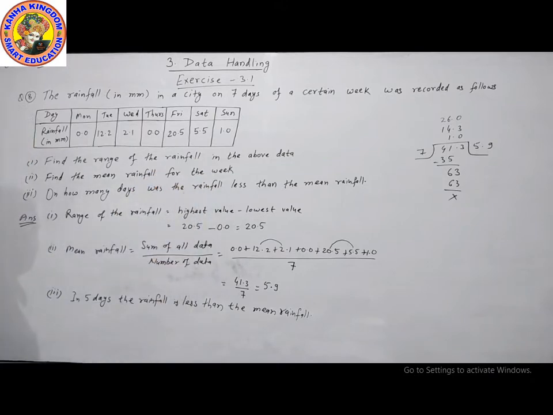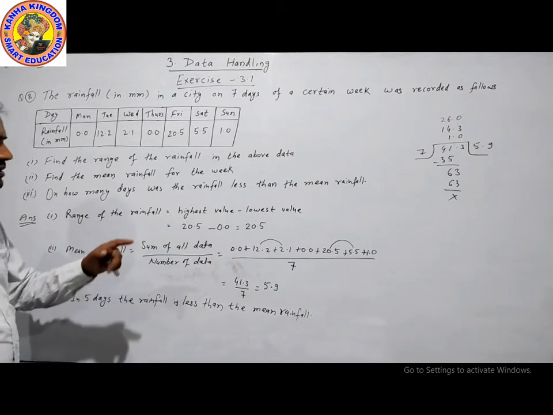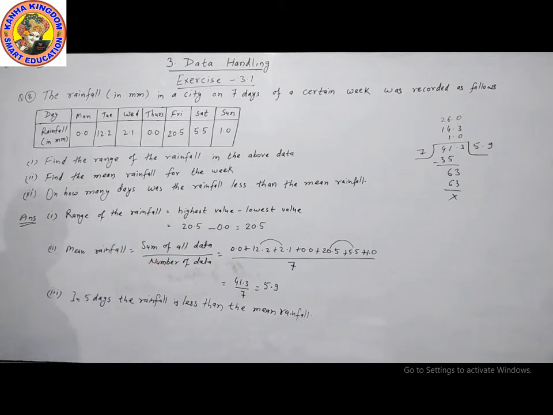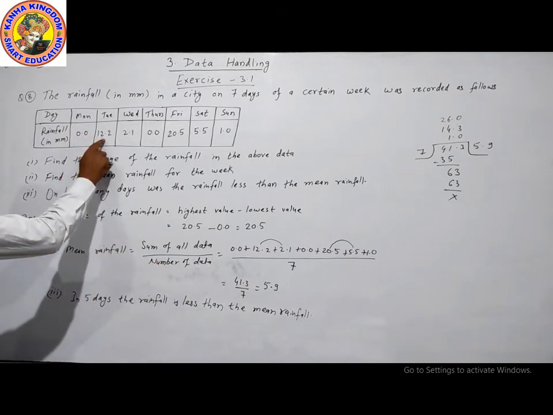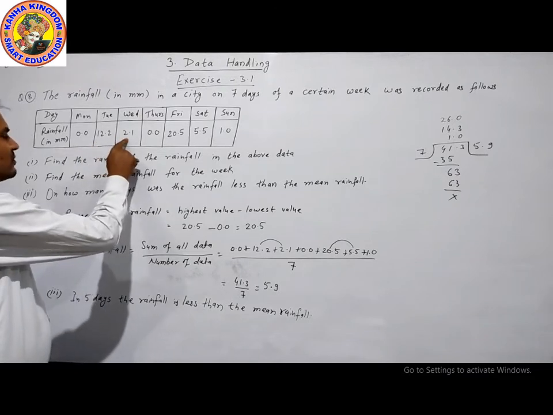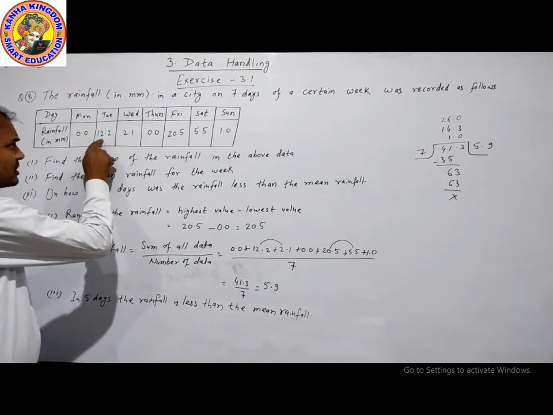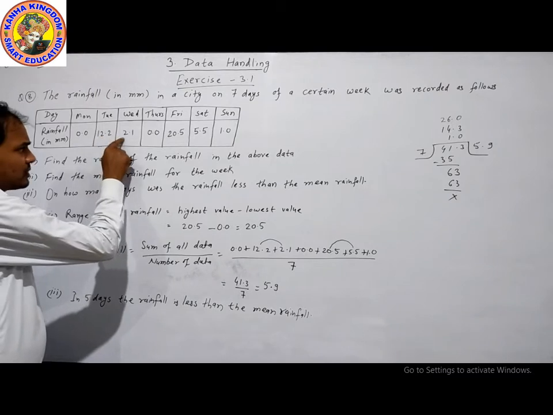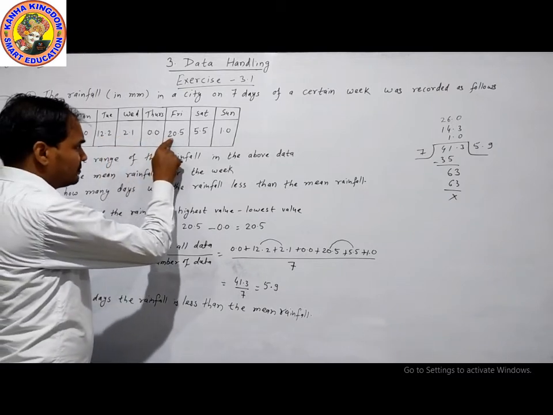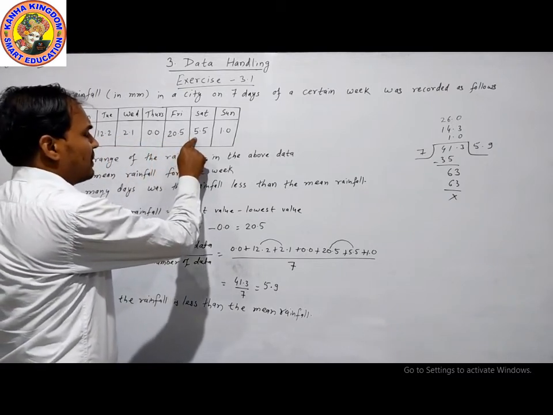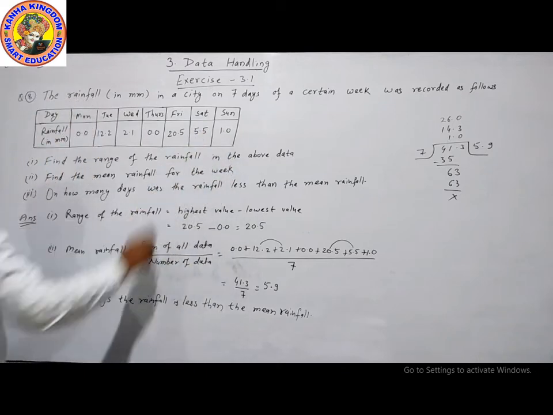Mean rainfall is the average value. The average value formula is the sum of all data divided by the number of data. The sum of all data is 0 plus 12.2 plus 2.1 plus 0 plus 20.5 plus 5.5 plus 1.